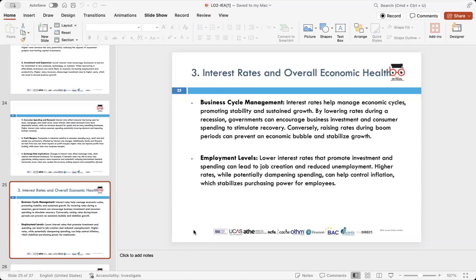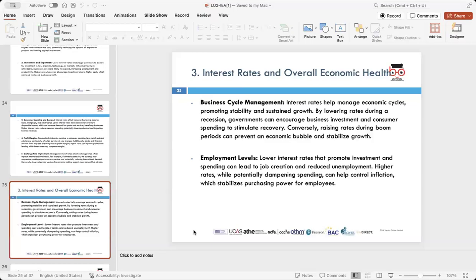On the other hand, when the economy is growing too fast, interest rates may be raised to prevent an economic bubble. High interest rates control excessive borrowing and spending, helping to avoid inflation spikes and financial instability. Employment levels are also influenced by interest rates.